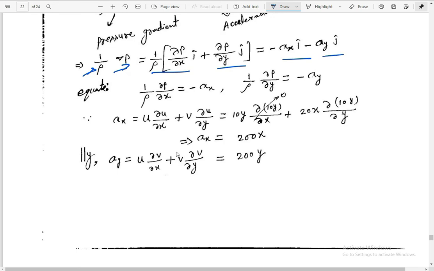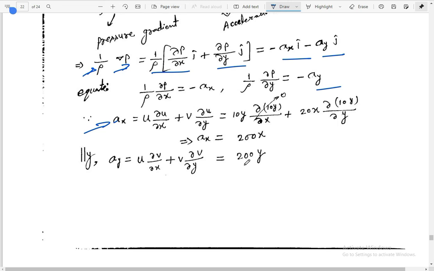We will have 1 by rho dou P by dou x equal to minus Ax, and Ax is equal to u dou u by dou x plus v dou u by dou y. This is the second formula we know for acceleration in partial differentiation.